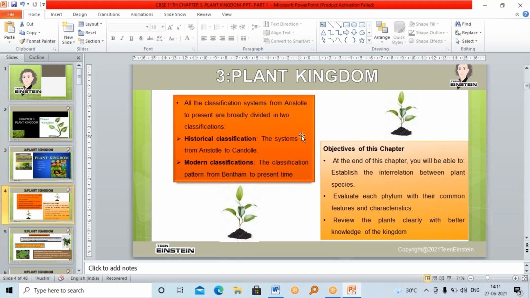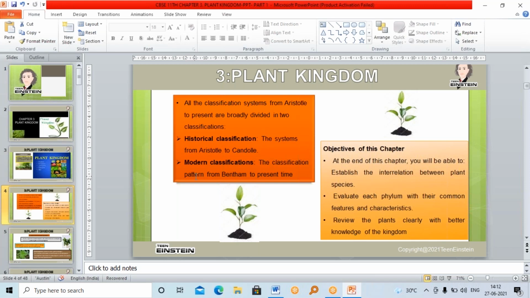in the plant kingdom, you can see this classification. The classification from Aristotle to the present. Aristotle started the classification, which I explained in the second chapter. Aristotle classified organisms into plants and animals.